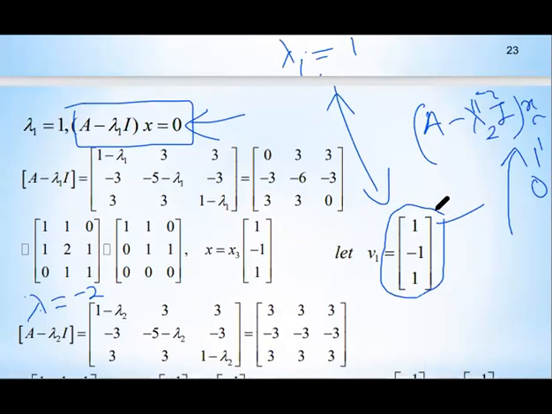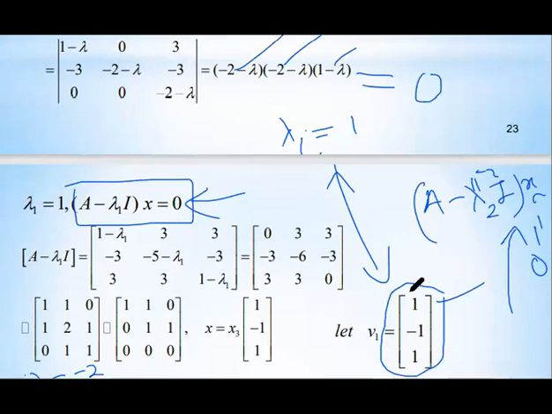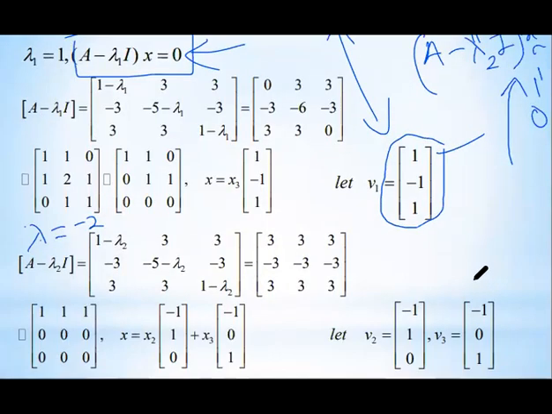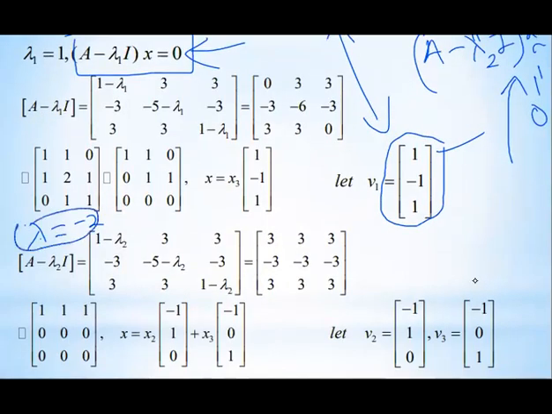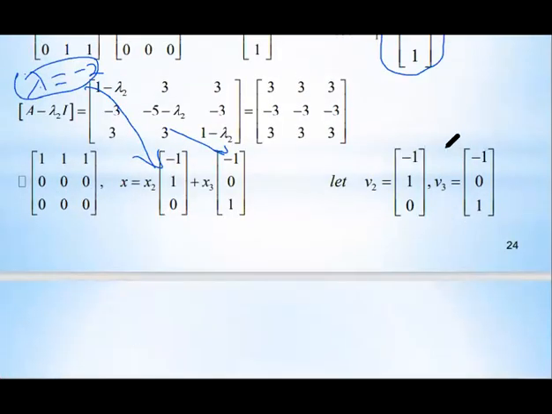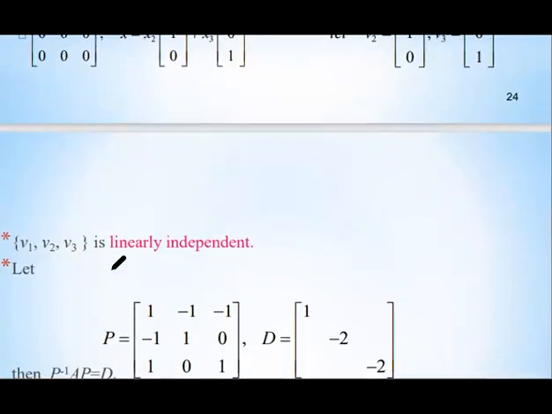So for this eigenvalue, you have two basis vectors. Altogether, you have three basis vectors.